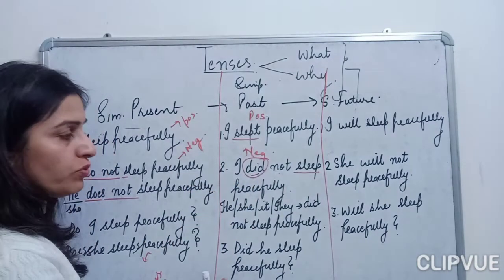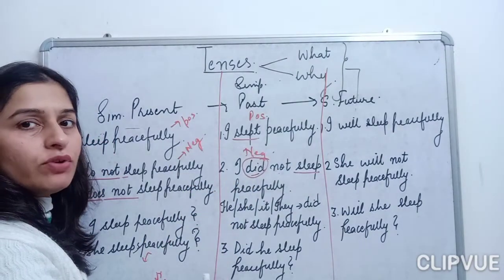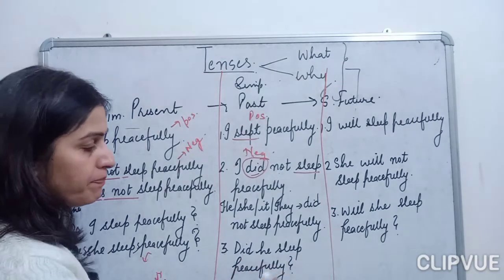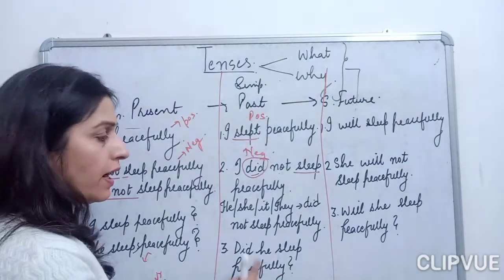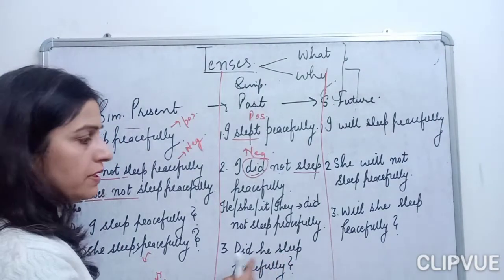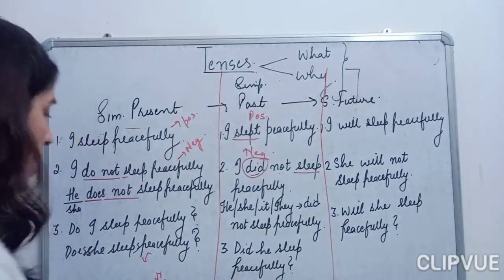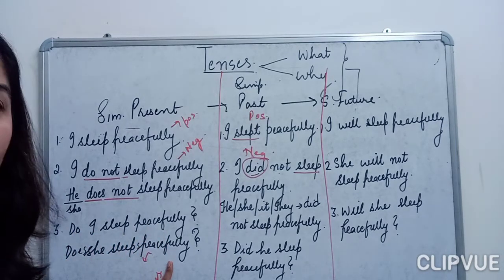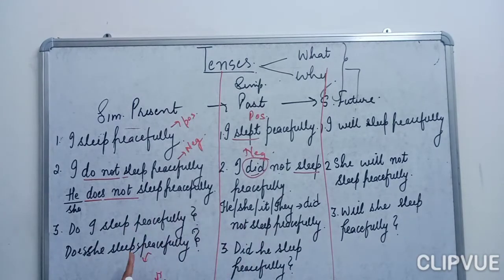Now let's move on to the question sentence, that is the interrogative sentence, children. Did he sleep peacefully? Okay, again first form of the verb. Did he sleep peacefully? Here I use do I sleep peacefully or does she sleep peacefully. Okay, this is the difference.